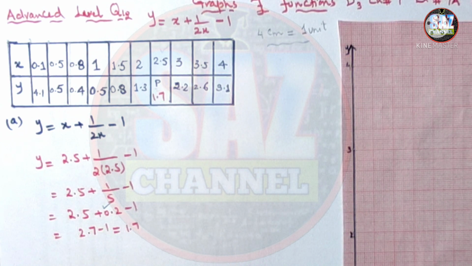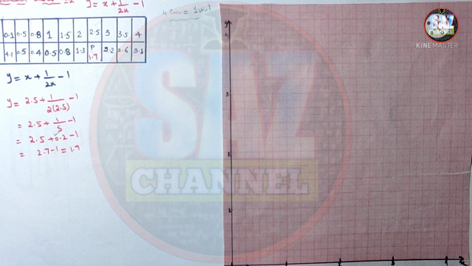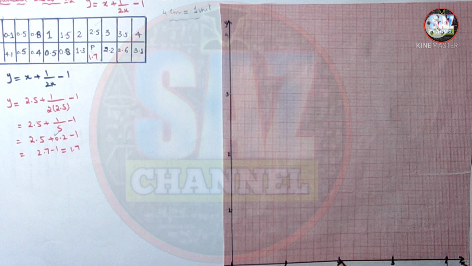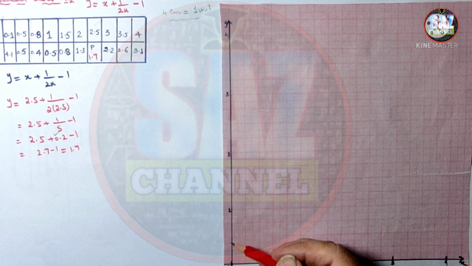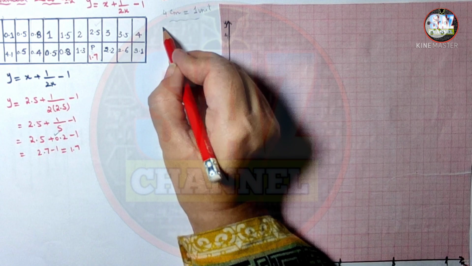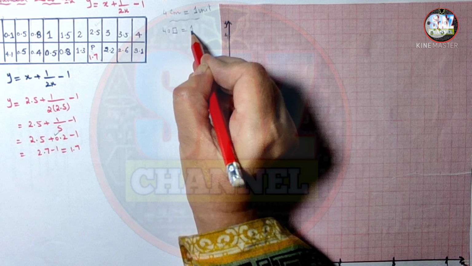First of all, it's important to understand the scale. The scale says that 4 centimeters, 1, 2, 3 and 4, and the same 1, 2, 3 and 4 on the other axis, means that 40 small blocks for both axes are equivalent to 1.